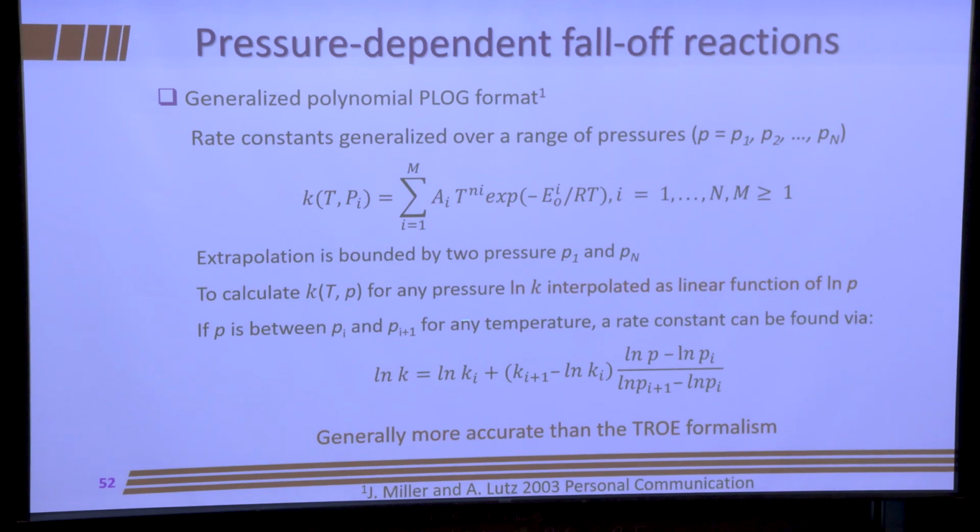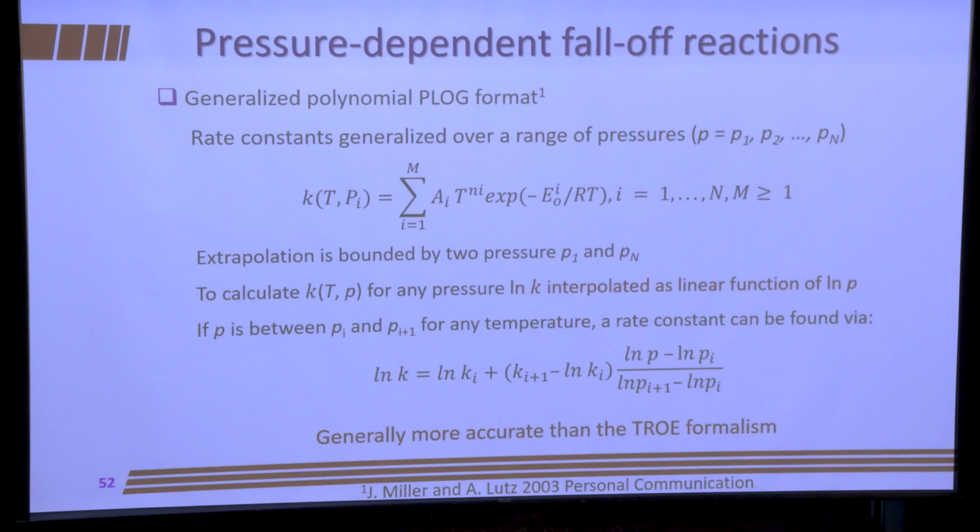So to calculate the rate constant at any pressure, the log of the rate constant is interpolated as a linear function of log of pressure, interpolating a rate constant between 2 pressures.